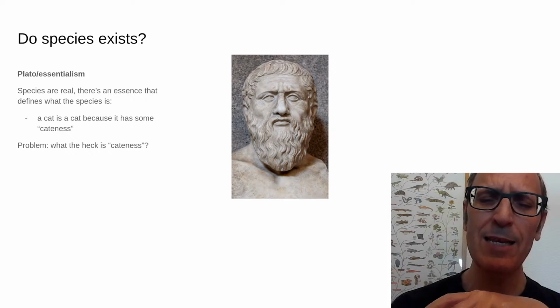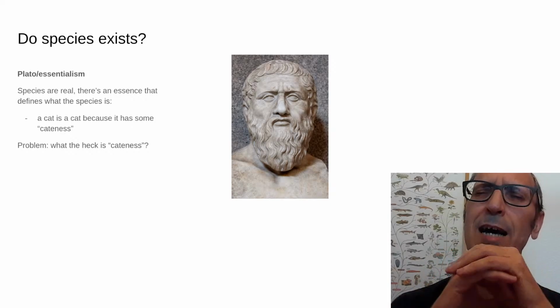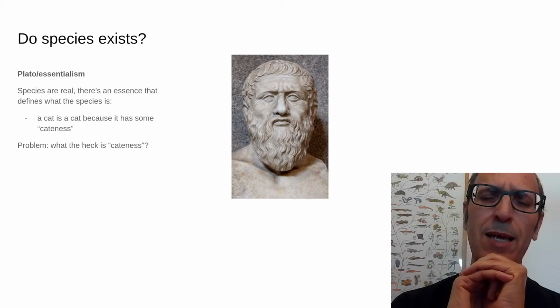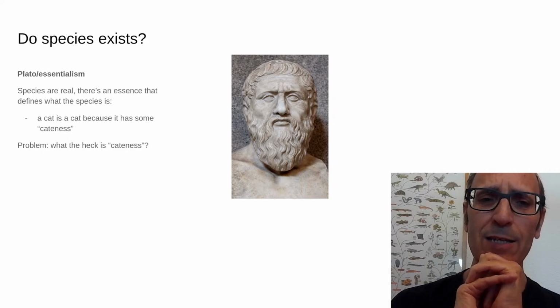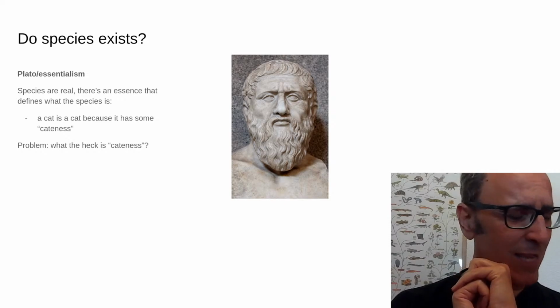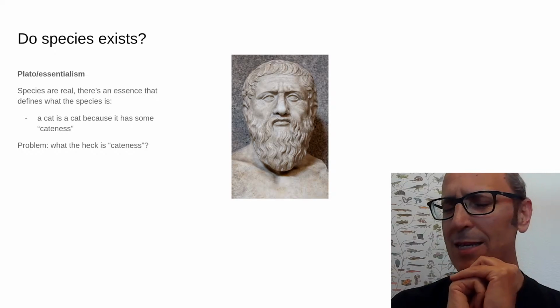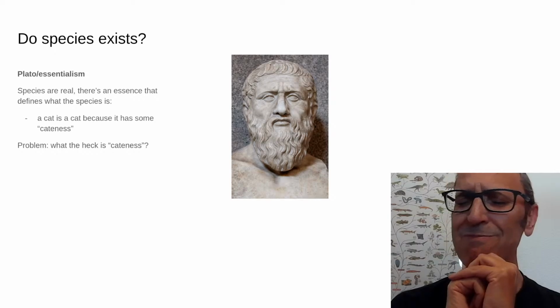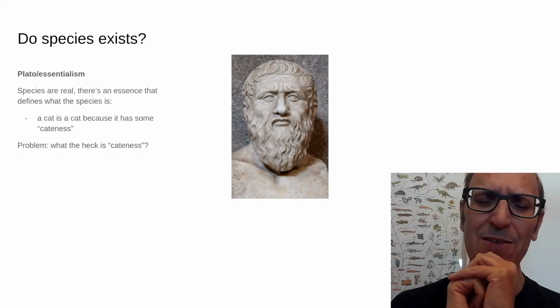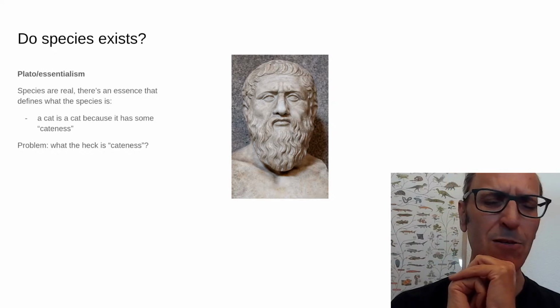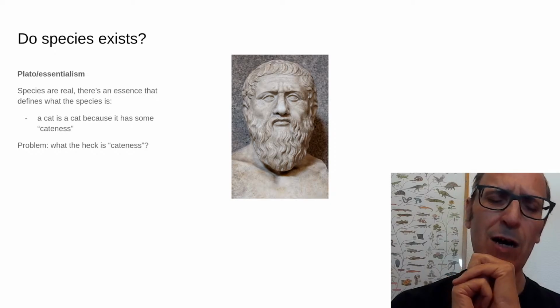The idea of a cat as a species was the real thing. And then you have particular cats that were not as real. They were like a representation, a deformed or not very good representation, of the ideal idea of the species of the cat.